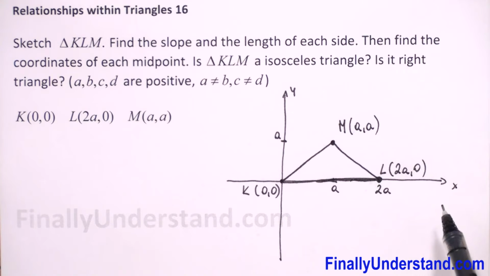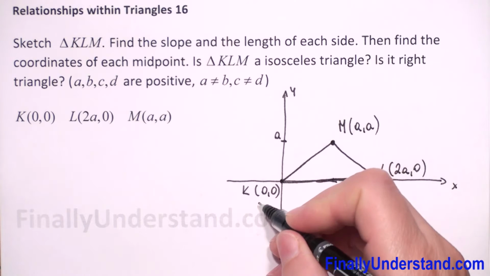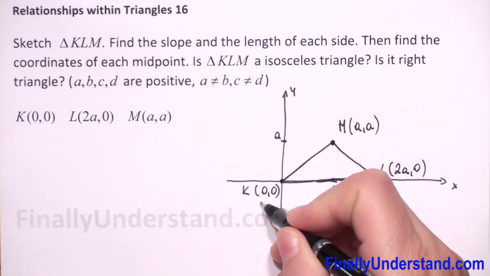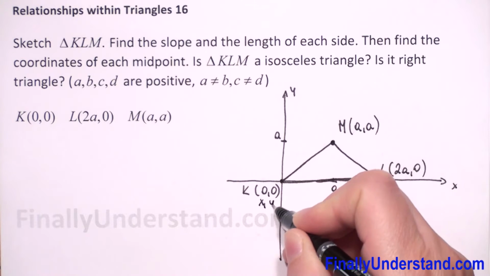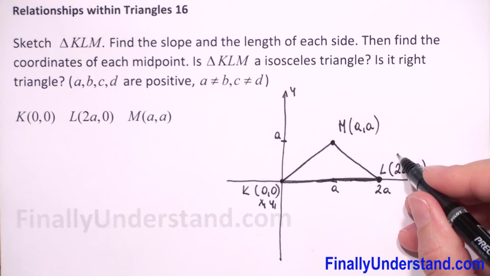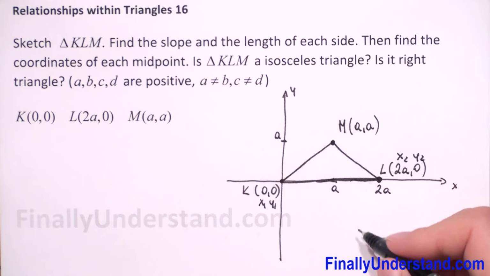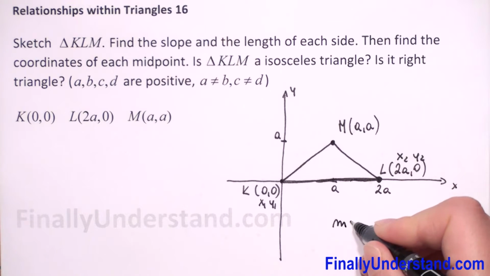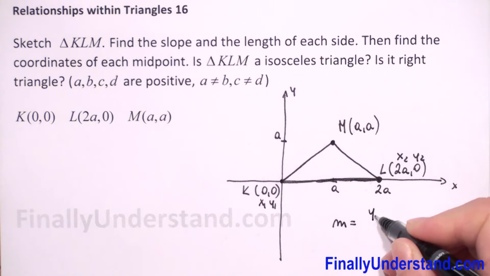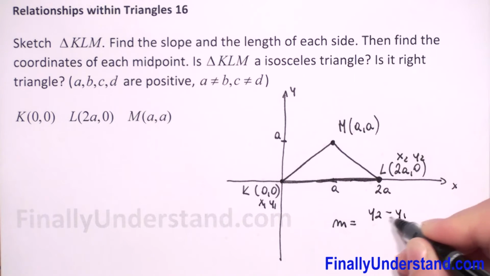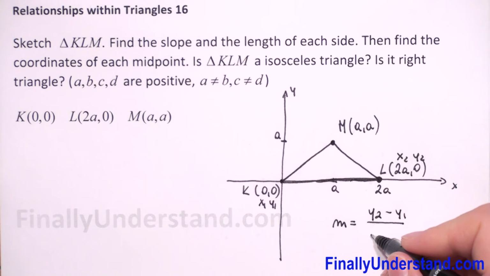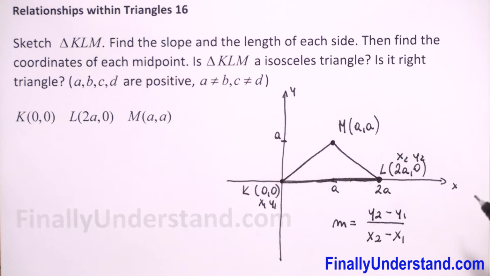Let me remind you formula. If this point has coordinates x1, y1, and this is x2, y2, so the slope m will be y2 minus y1 in numerator, and in the denominator x2 minus x1.